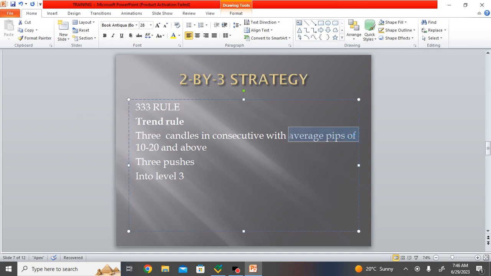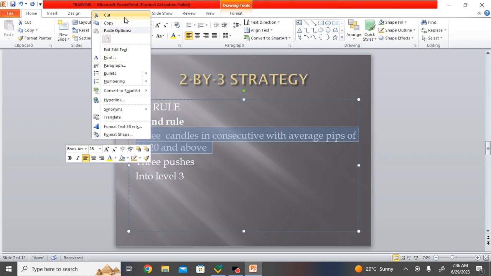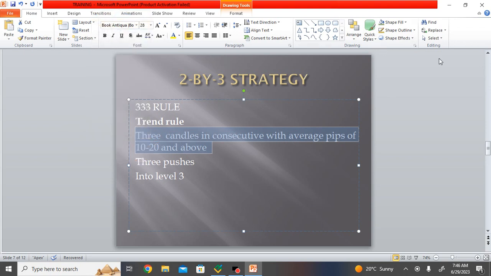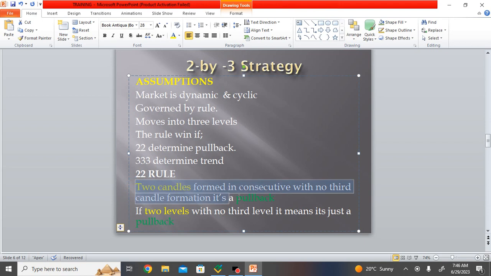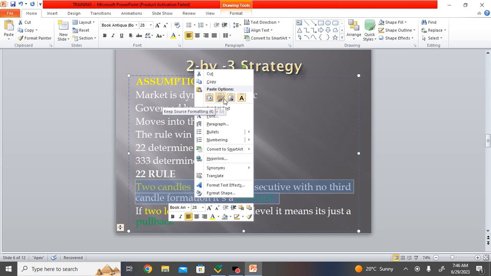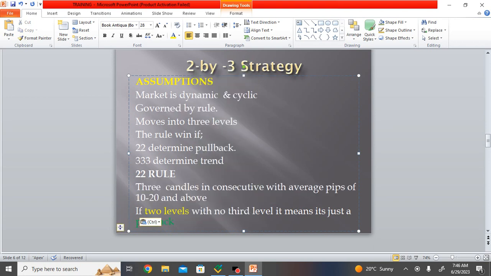Okay, I can take this. I can take this to the previous. Can paste here 3 candles.